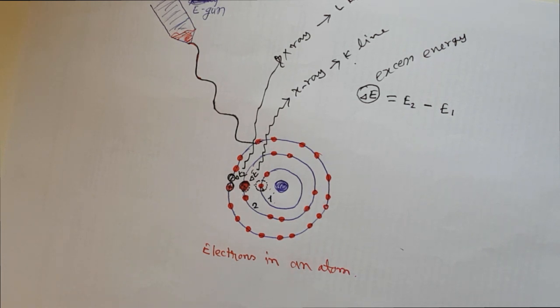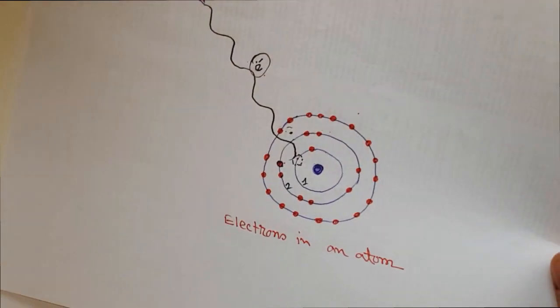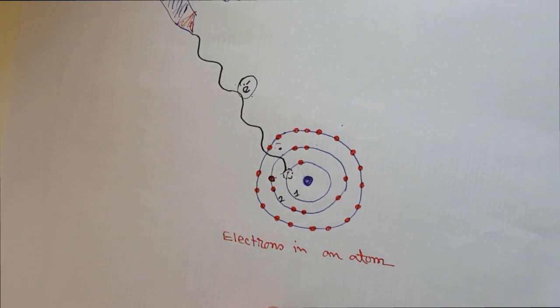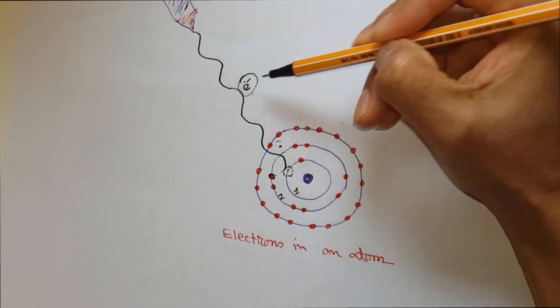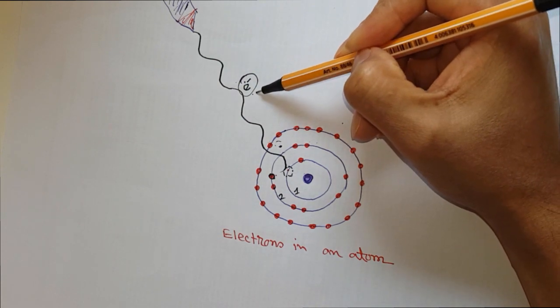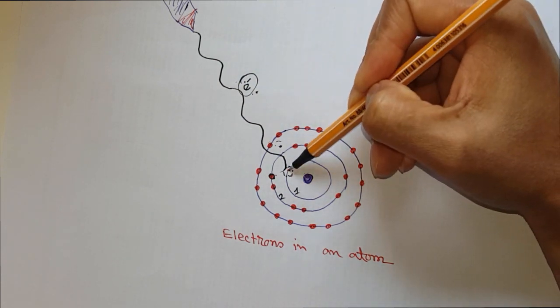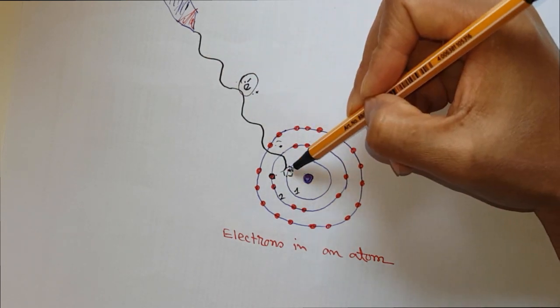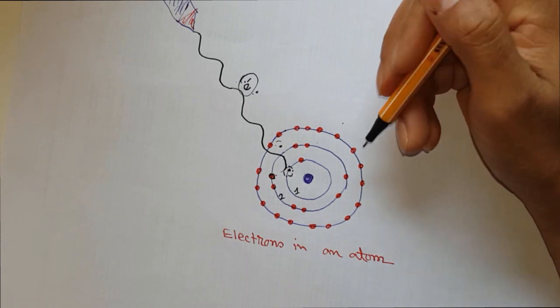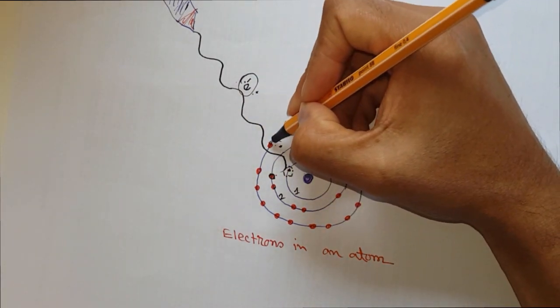But I have a question here. I know what exactly happens when the X-ray beam is emitted. Why does this highly energetic electron beam hit the inner shell electron? It would be easier to hit the outer shell electron, right?